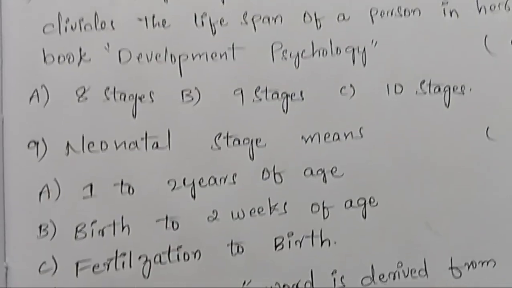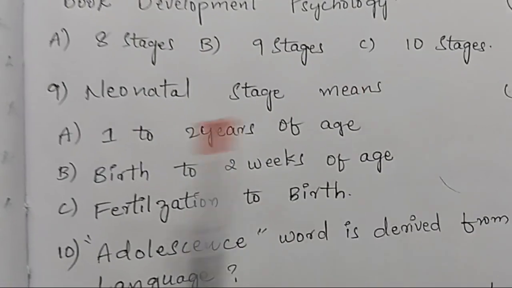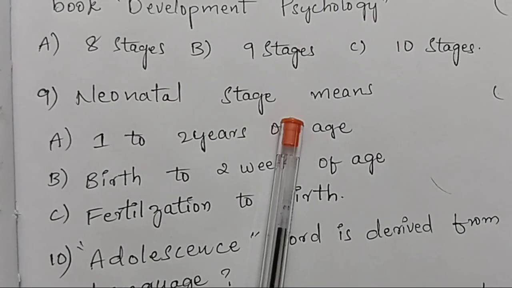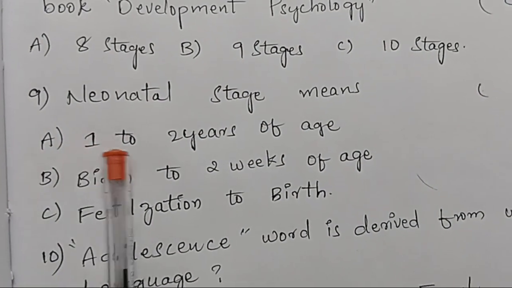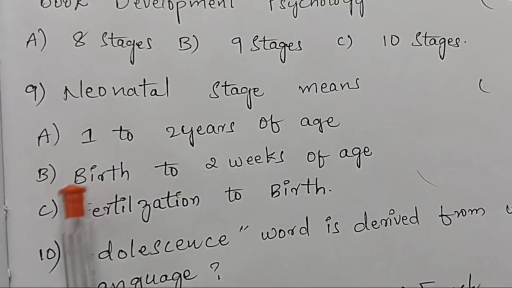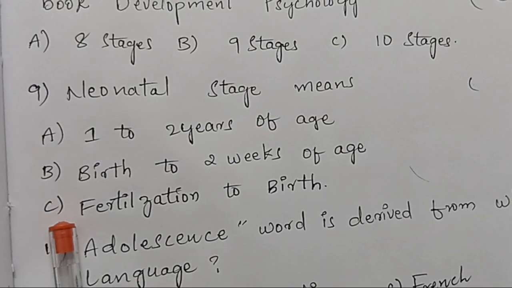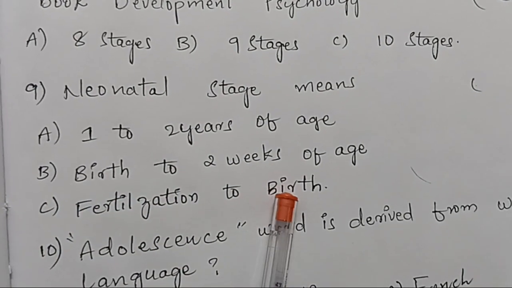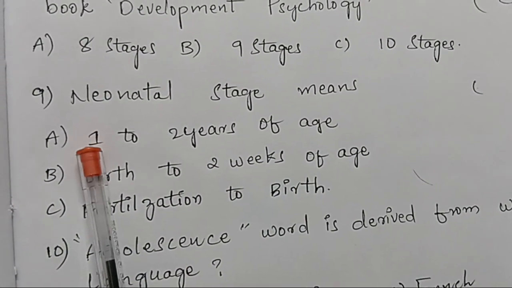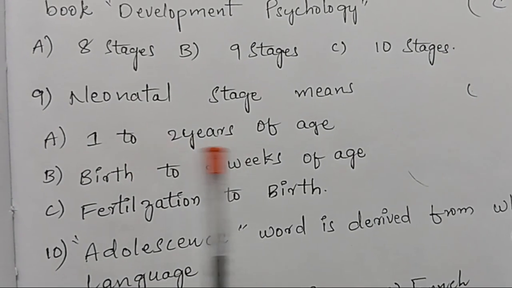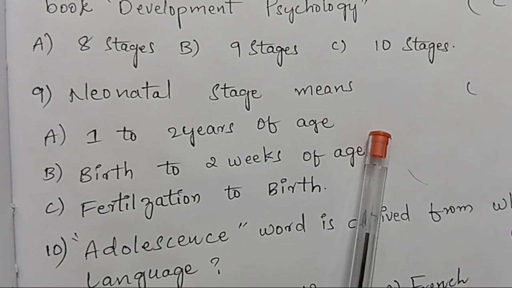Next question is, neonatal stage means: option A, 1 to 2 years of age; option B, birth to 2 weeks of age; option C, fertilization to birth. As we all know, 1 to 2 years of age is the duration of the infancy stage.